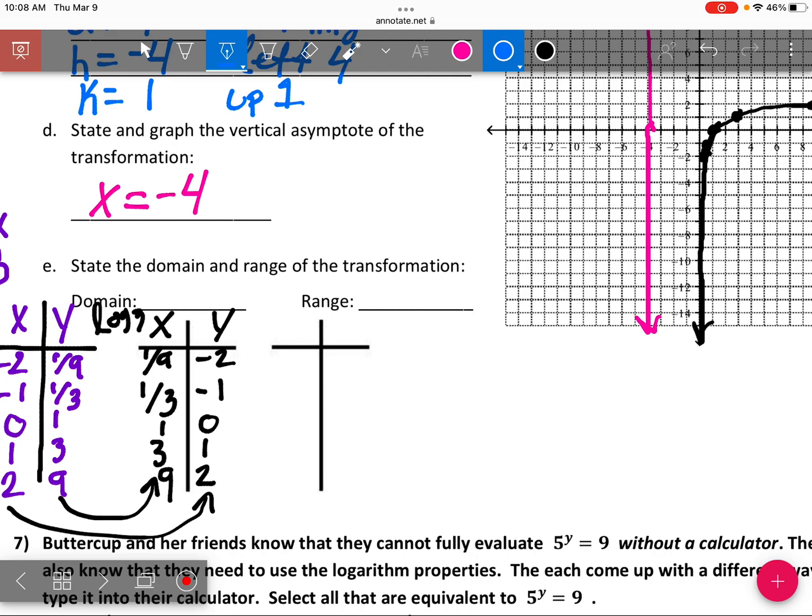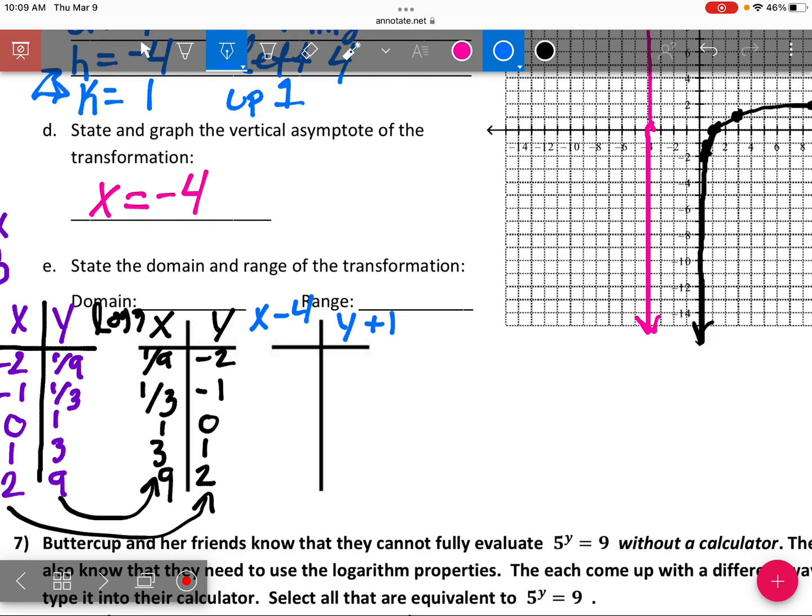We do that by going x plus h. So here's going to be x minus 4 and our y plus k, y plus 1. Using my h and k.